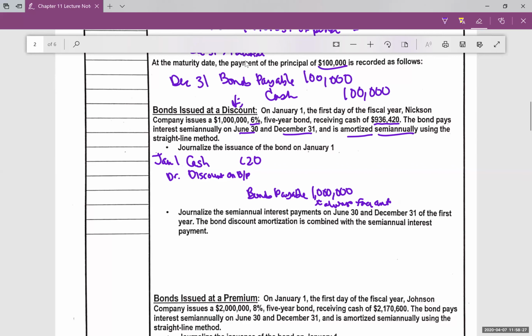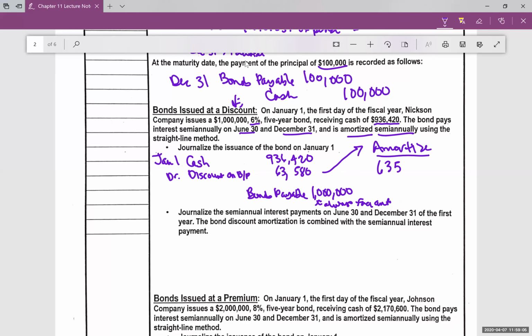Let me just fix this a little bit. Okay, so let me move this over here so it all lines up. 936,420. And then again, the difference between this is 63,580. Now we are going to have to amortize this amount. And we don't see that until we get to the interest payments, but this says amortize, and it said doing the straight line method.